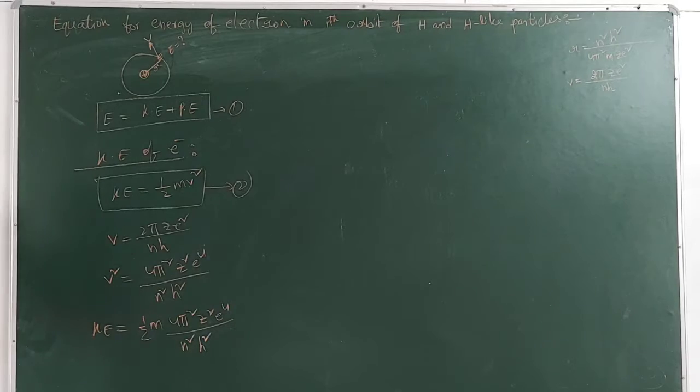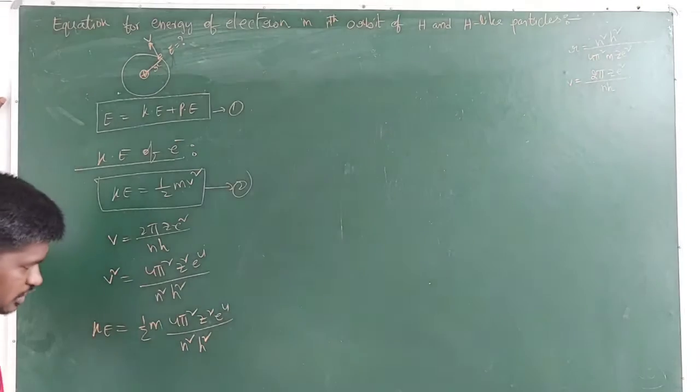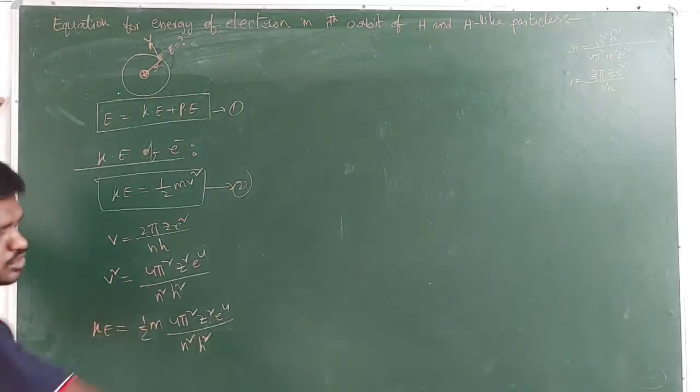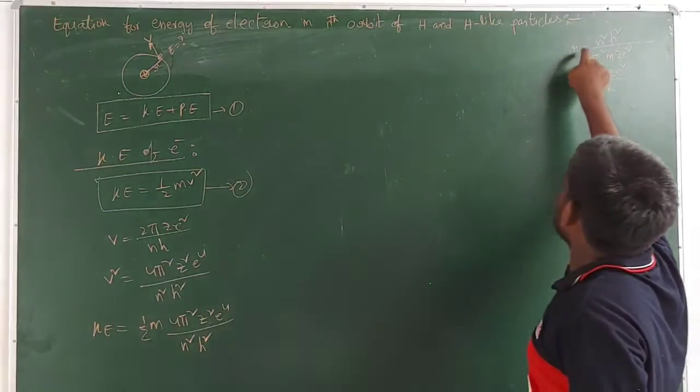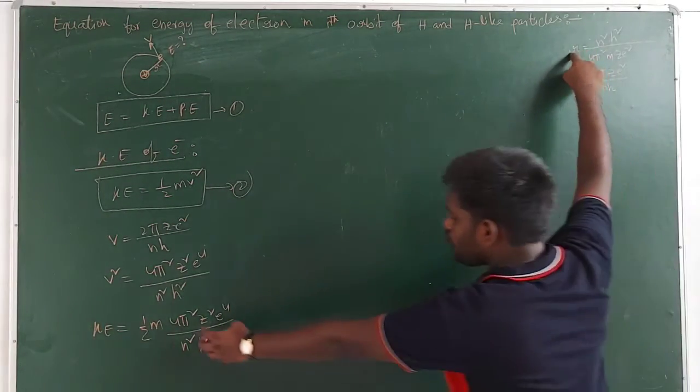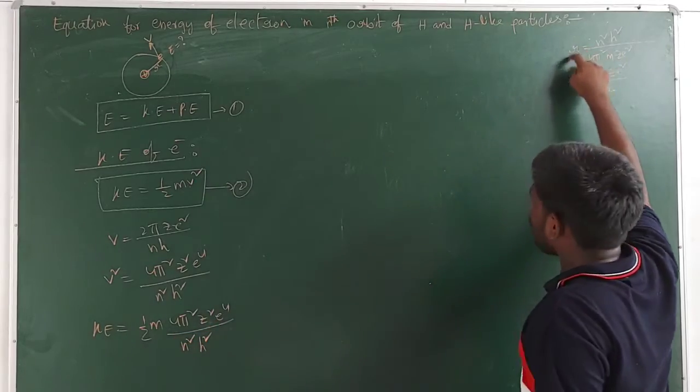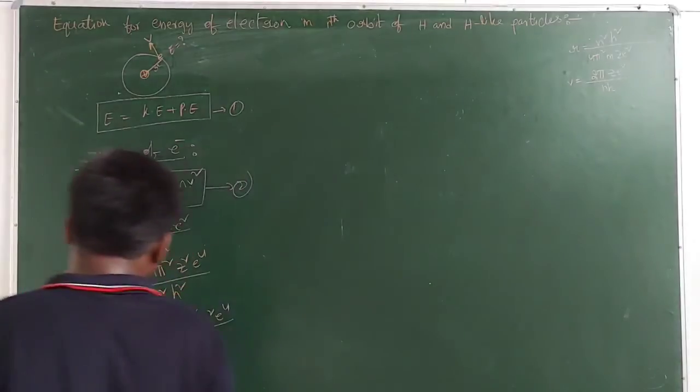So now guys, in this equation I want to substitute the radius value. By modifying this I want to substitute r in this equation. So see how I will do it.